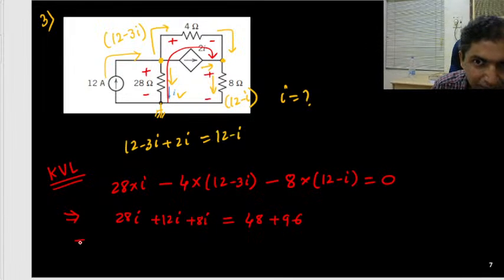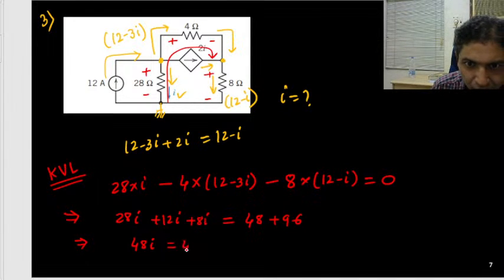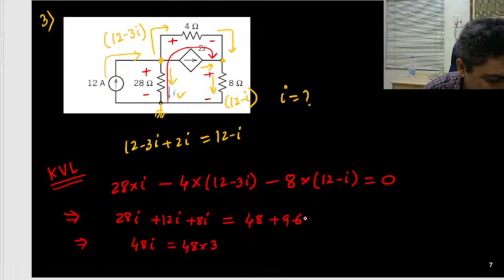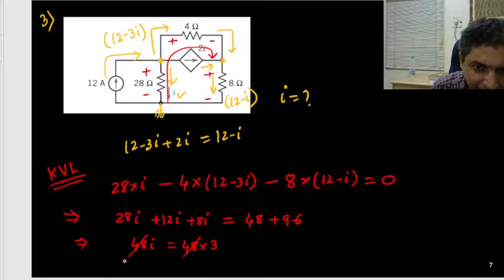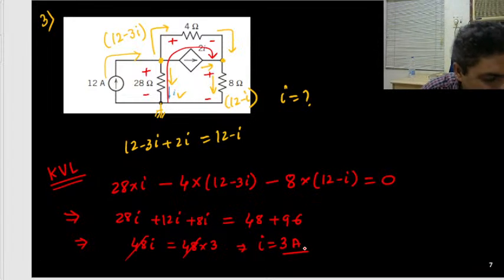So this one is 28 plus 12 plus 8, which is 48I, and the right side is 48 plus 96, which is 144, which is 48 times 3. So the 48 will cancel out, so small I is 3 ampere. It's absolutely correct.